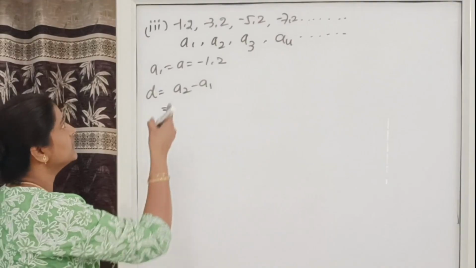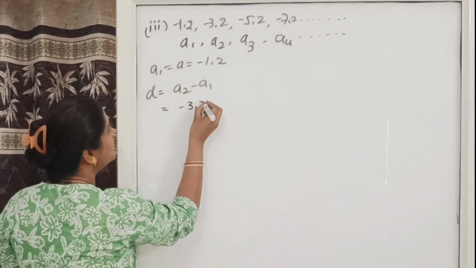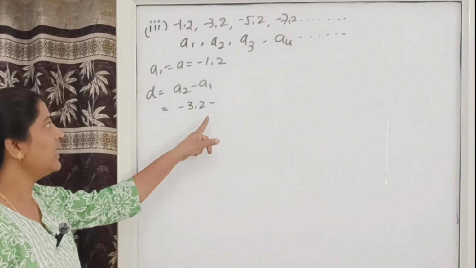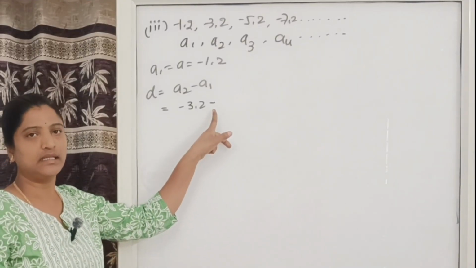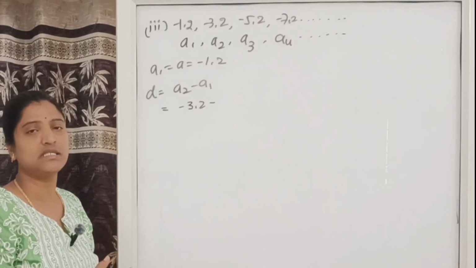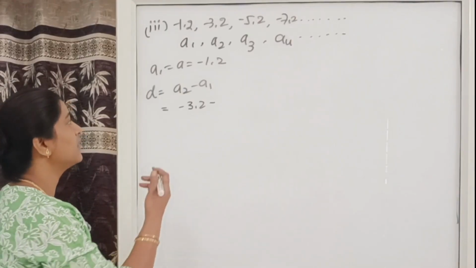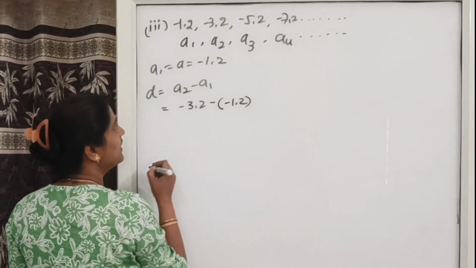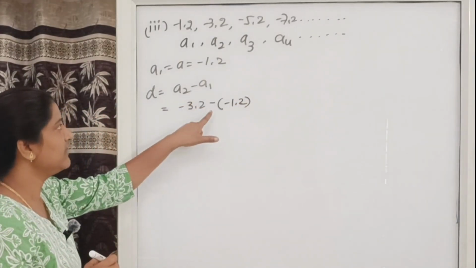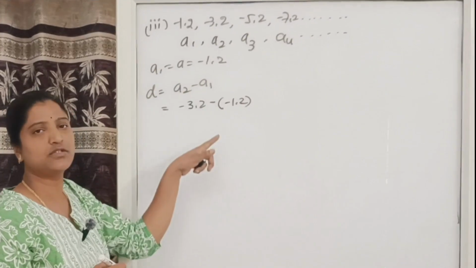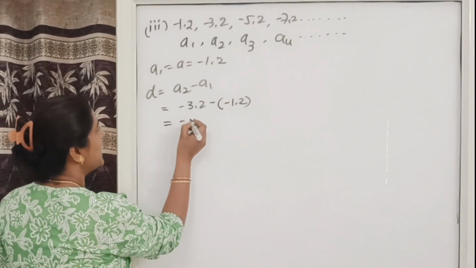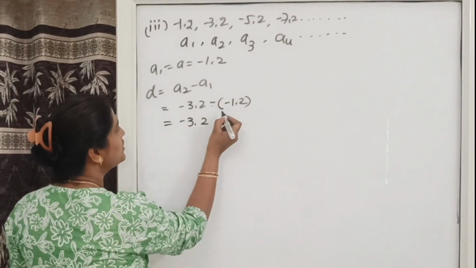A2 minus A1: minus 3 by 2 minus, negative of minus 1 by 2. Whenever negative signs are there, you have to focus more. In the formula itself negative is there, and the first term also has negative, that is why keep it in a bracket. Minus 3 by 2, minus into minus plus.